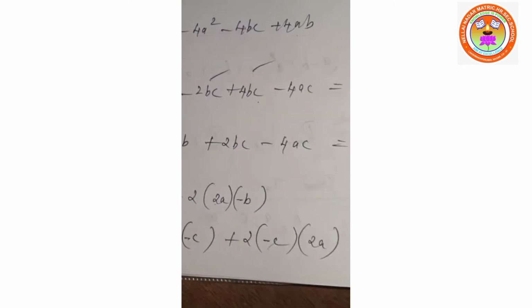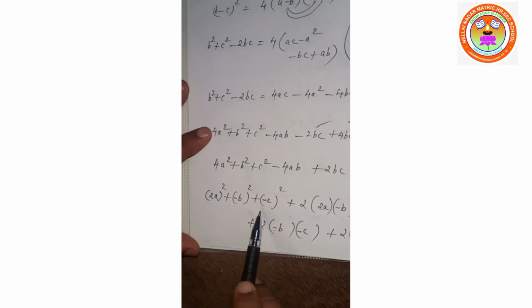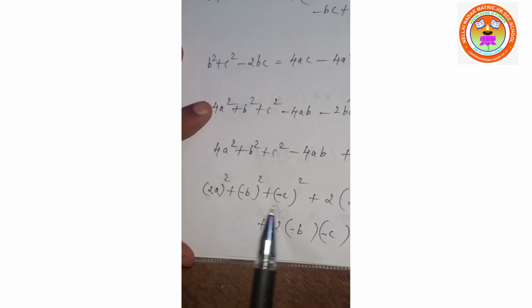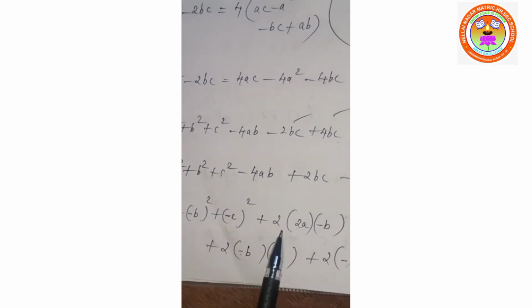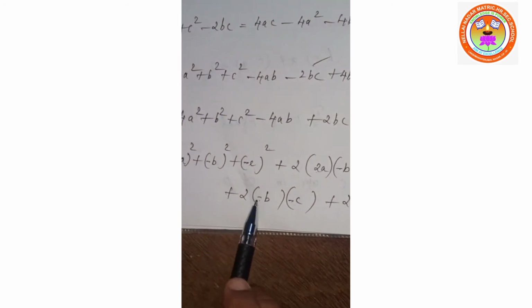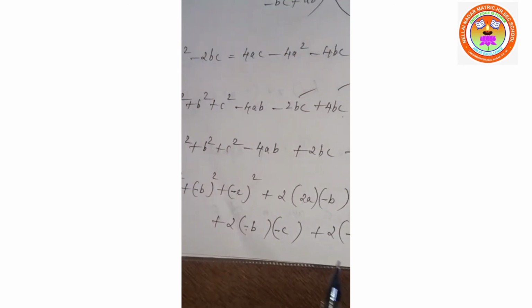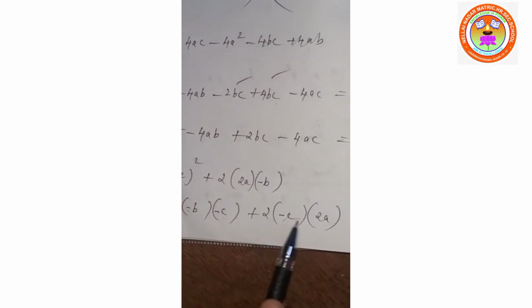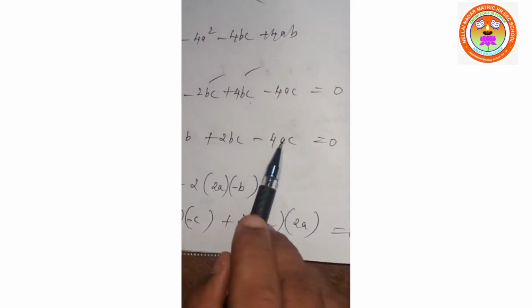Now we can verify. 2a the whole square is 4a square, minus b square is b square, minus c the whole square is c square, plus into minus, minus 2 2s are 4 into a into b, 4ab, minus into minus, plus 2 into b into c, 2bc, plus into minus, minus 2 2s are 4, 4 into a into c, 4ac.